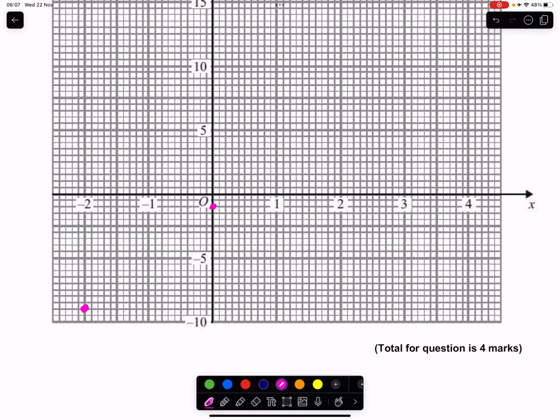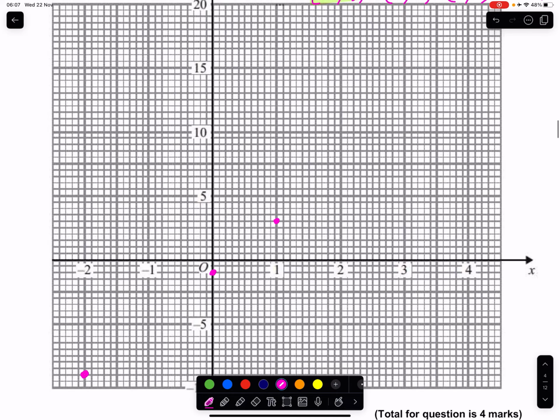A 1 comma 3, so this would be 1, 2, 3 there. So where was I? There. That's 1 comma 3. And then lastly 4 comma 15. So I'm going to be up this dark line here, 15 where they meet like so. So those are my 3 points.